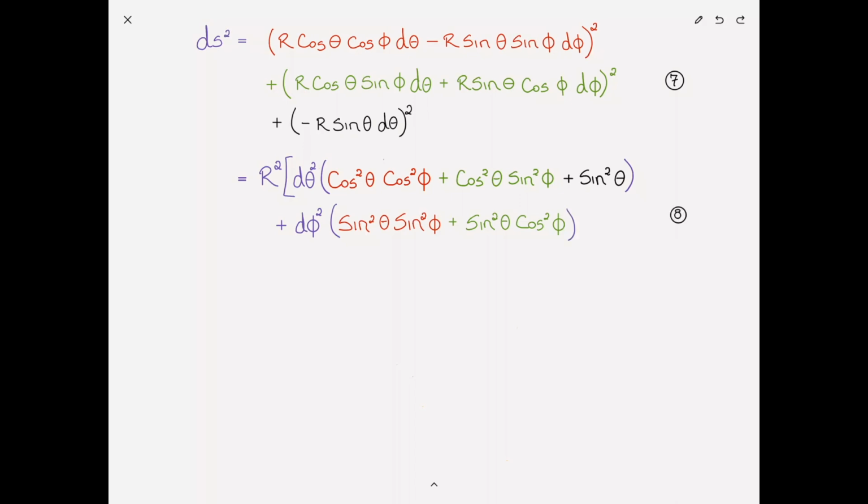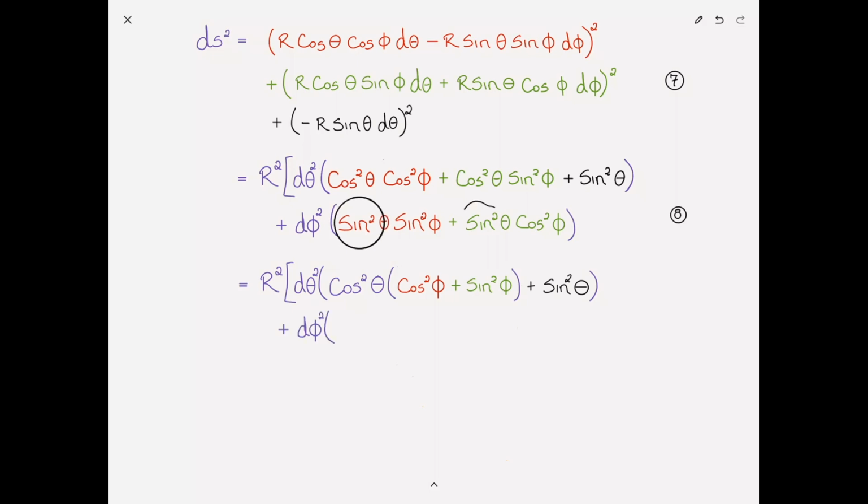Number 8. This is equal to r squared times d theta squared, and then I can take cosine squared theta out as a common factor out of each of the first two terms. So that gives me cosine squared theta times cosine squared phi plus sine squared phi, plus this guy, plus d phi squared, and then these two terms each contain a sine squared theta.